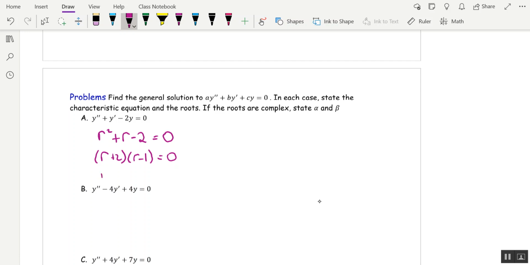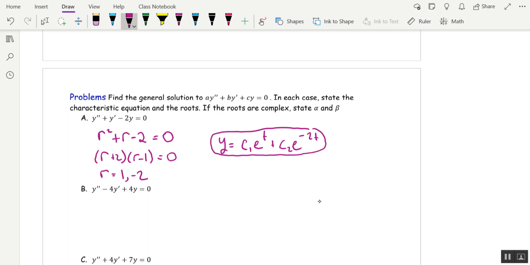So our roots are 1 and -2. We're starting out with a review of what we did last time. In this case, our general solution, this is the easiest case, y equals c1 e to the t plus c2 e to the -2t. And again, the order doesn't matter. You could write c1 e to the -2t plus c2 e to the t. Doesn't matter.